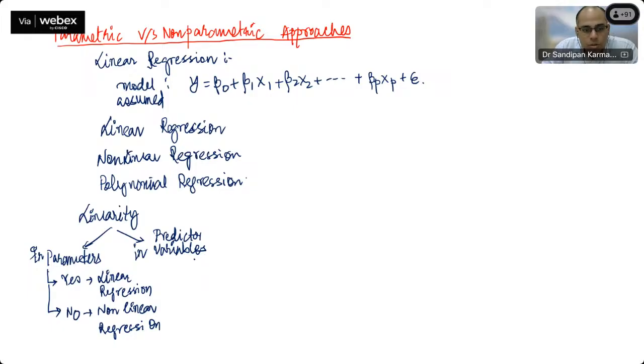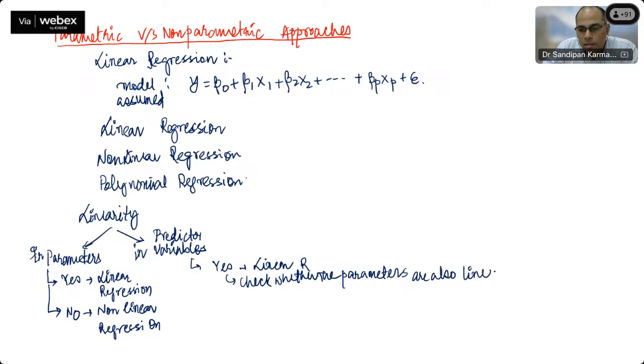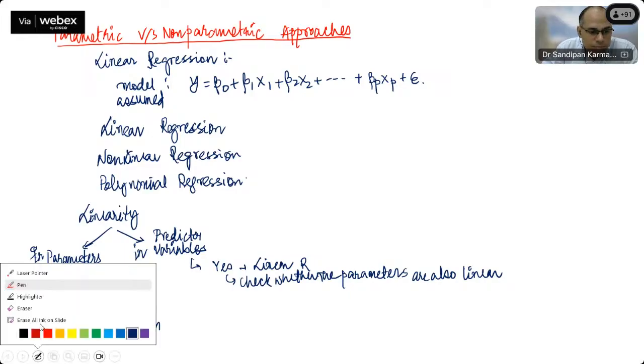But sometimes we are interested in linearity in predictor variables. If it is yes, then we generally call it linear regression. We have to check whether the parameter combinations are also linear. If the parameters are also linear, then we call it a linear regression model.